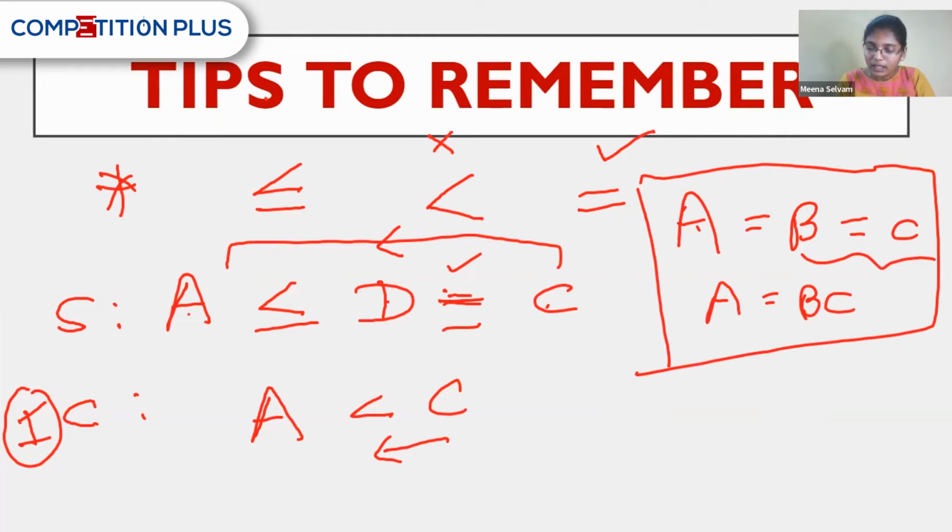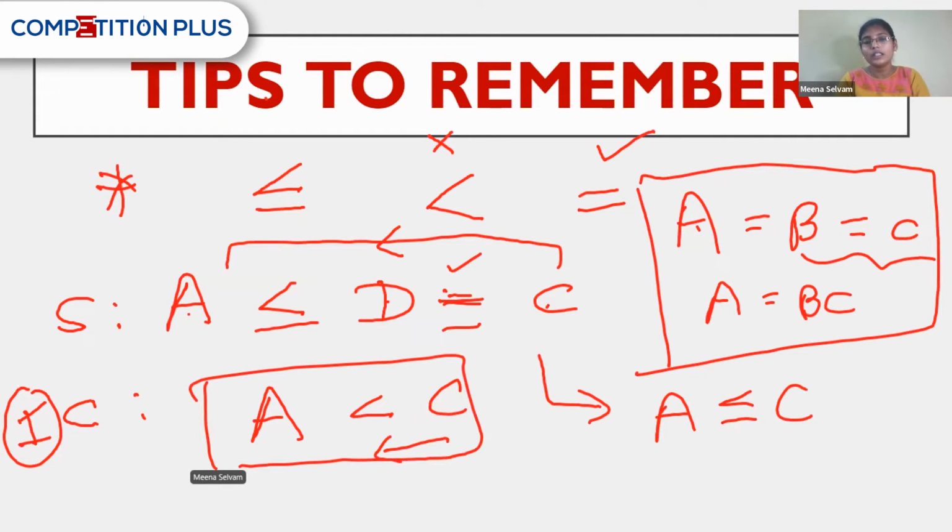The same way, the given statement can be written like A is less than or equal to D, equal to C, which is nothing but A is less than or equal to C. So that is only your statement. But compare your conclusion. Is the conclusion and the given statement the same? No. Less than is completely different from less than or equal to. So that is why the given conclusion was false.